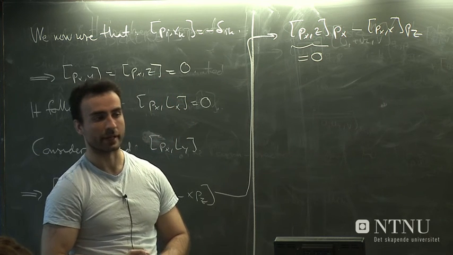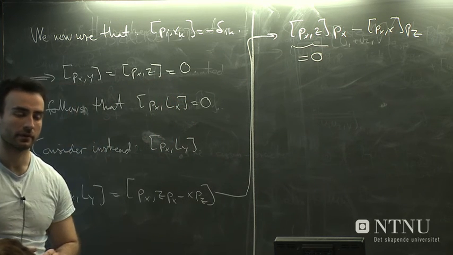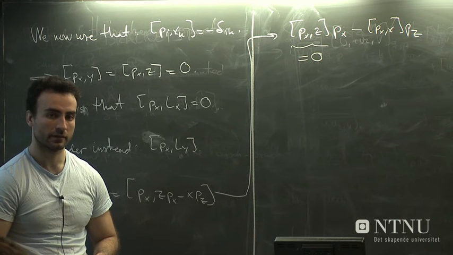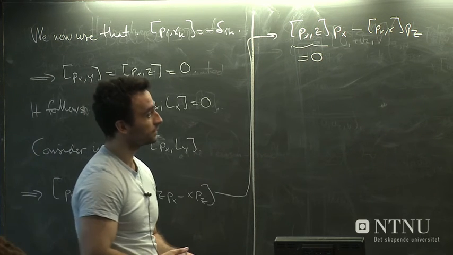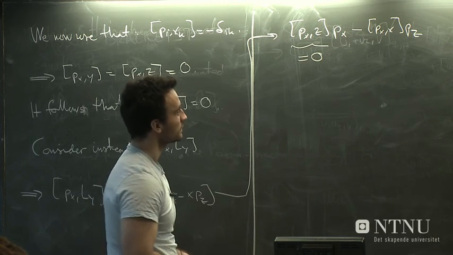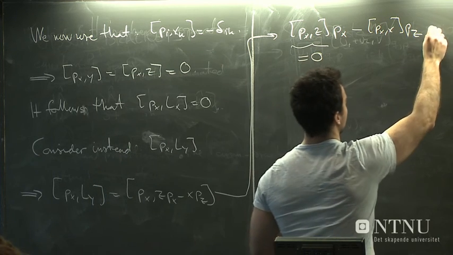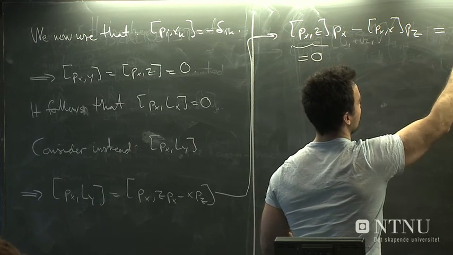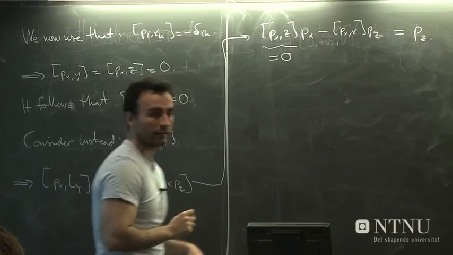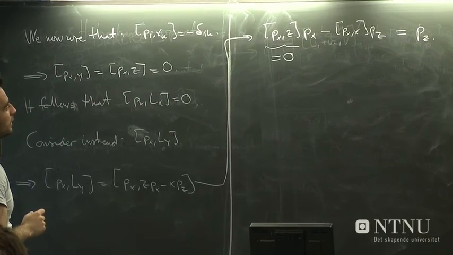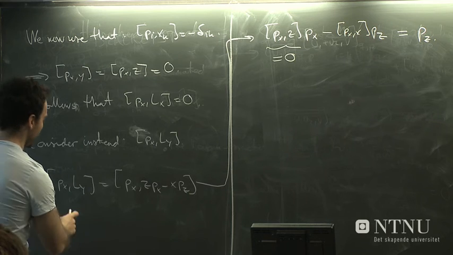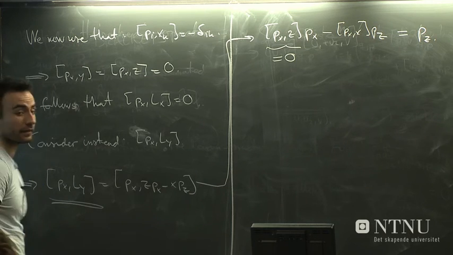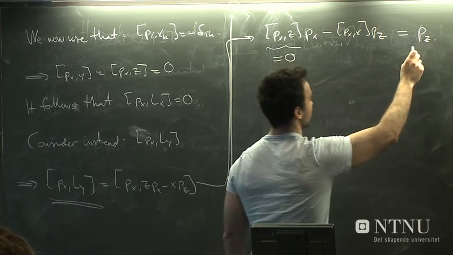Can we make the Poisson bracket go away somehow? Well, again, you have the Kronecker delta, only this time it is 1, so that turns into minus pz. All right. So this should actually be pz. It's the minus Kronecker delta, sorry. Yeah. So we've then found that the Poisson bracket here is just pz.